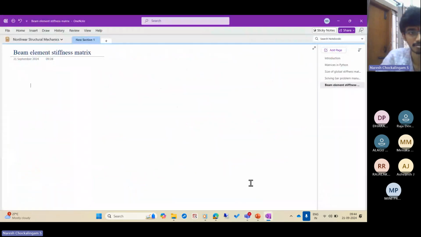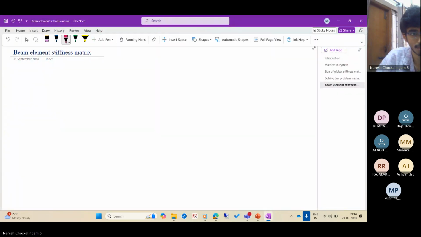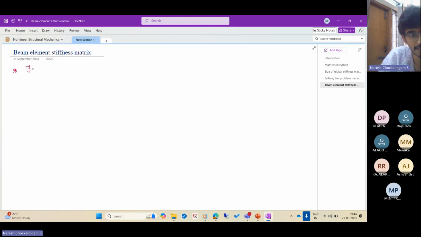So think of it this way: we have a beam. So this is quick and fast. So you can say it is a flexibility based method. Suppose this is a beam element.